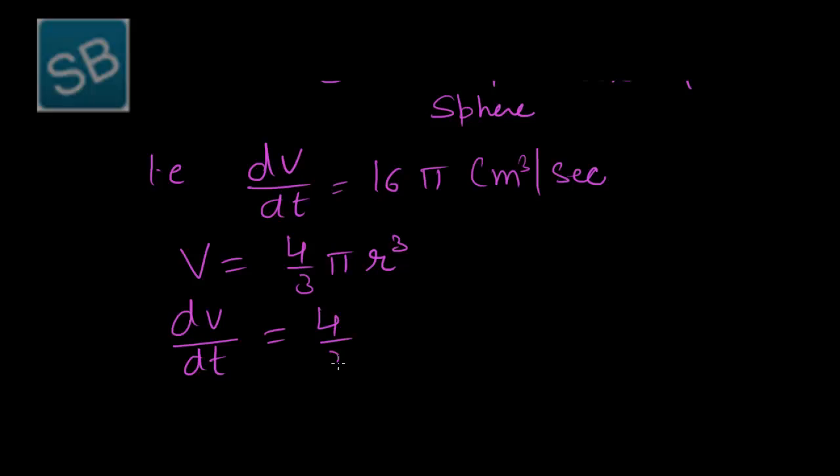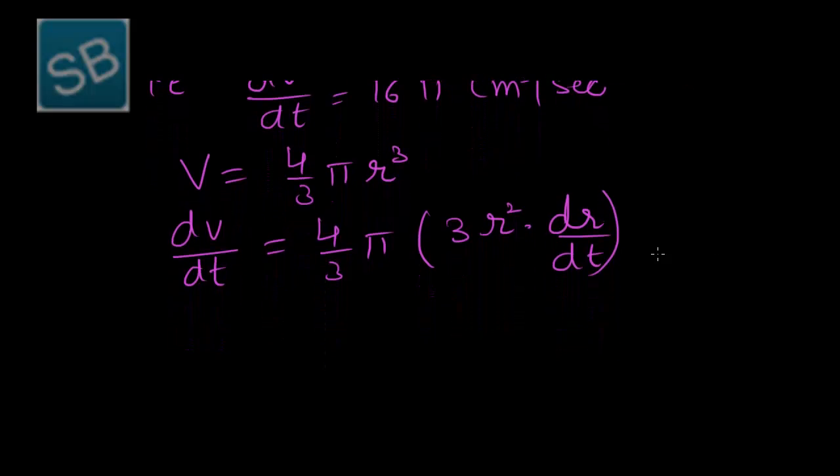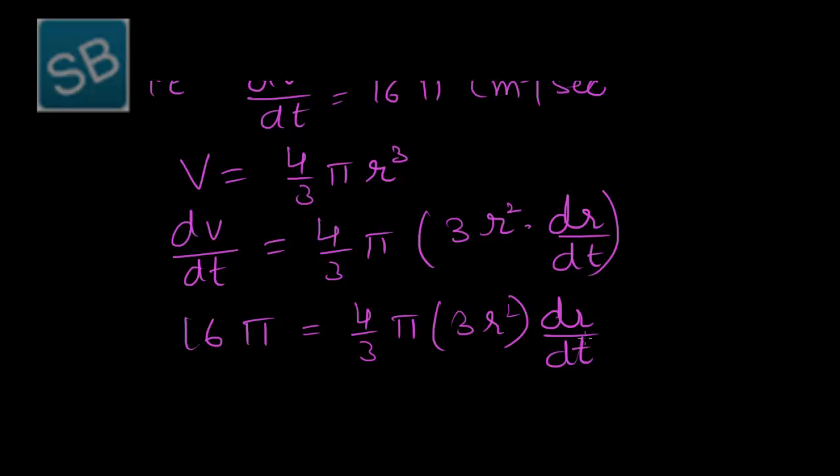So it becomes 4 by 3 pi into dV by dr, that is 3r square into dr by dt, using chain rule, dV by dr into dr by dt, because V is not the direct function of t. So here also we have dV by dt is 16 pi centimeter cube per second, and we have 4 by 3 into 3r square dr by dt.